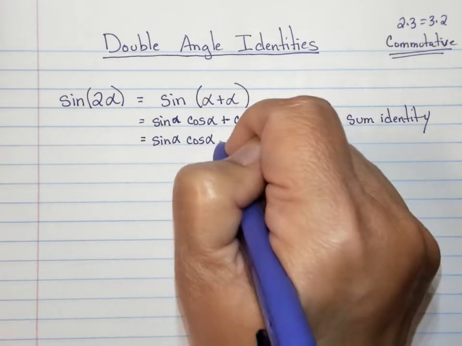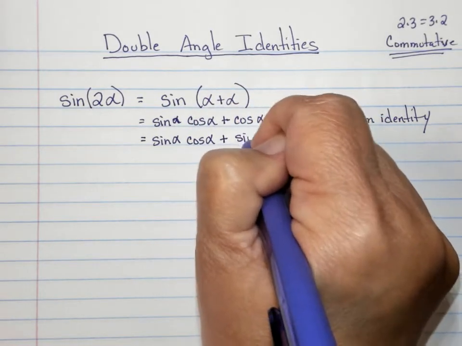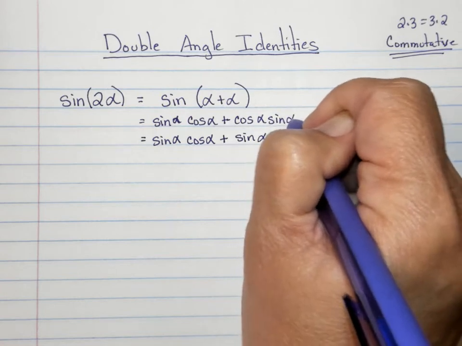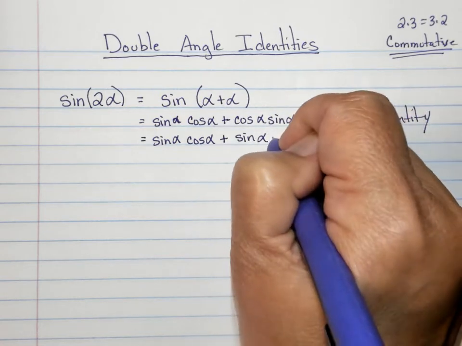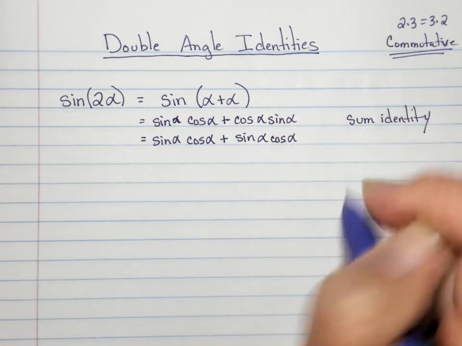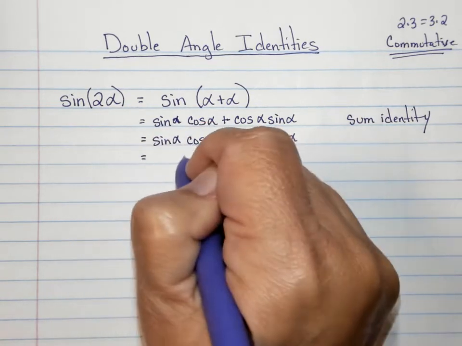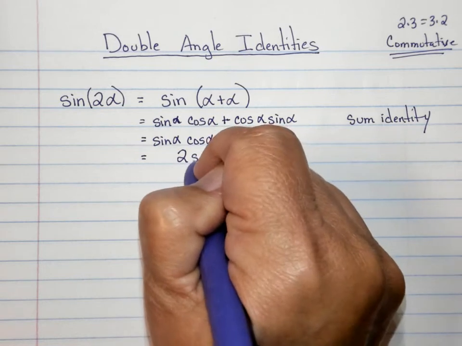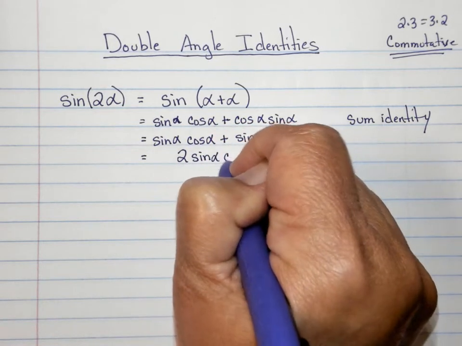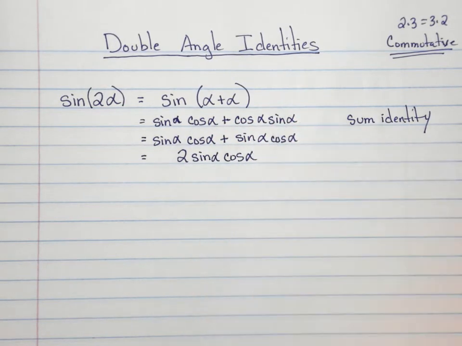So we're just going to do this here to show us that cosine alpha sine alpha is the same thing as sine alpha cosine alpha. So that these guys kind of look alike now. And we can say that that is then 2 sine alpha cosine alpha.